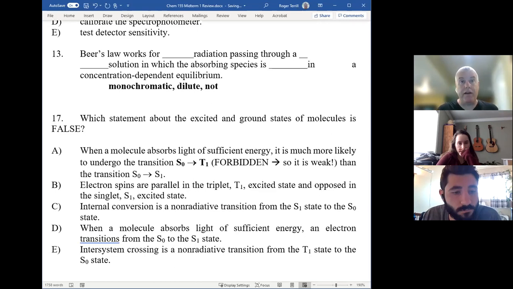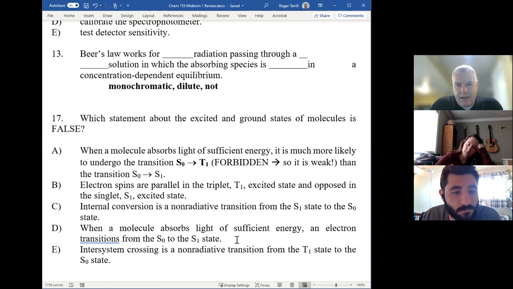So we already found one false one, right? Electron spins are parallel in triplet and opposed in singlet. That's true. Internal conversion is a non-radiative transition from S1 to S0. That is actually true. When a molecule absorbs light of sufficient energy, an electron transitions from S0 to S1 state. I disagree with this statement actually, in a super picky way, because the state of the molecule changes.